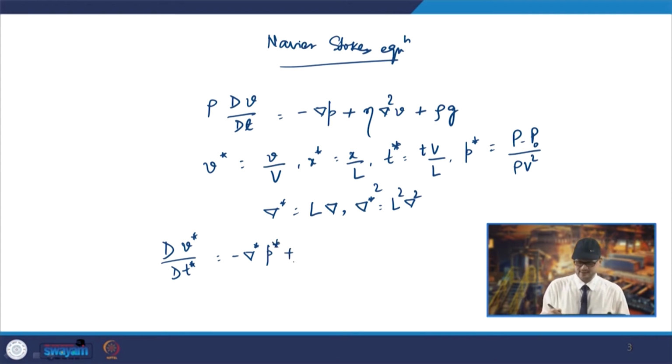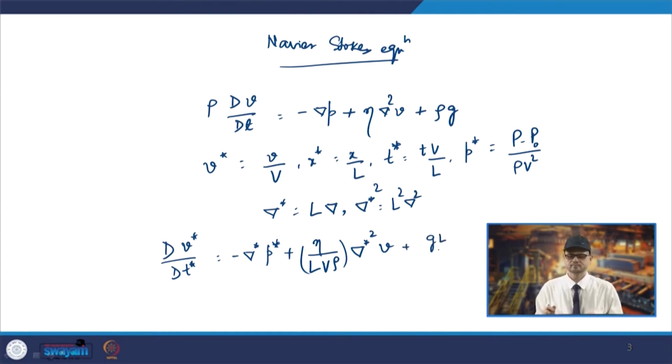Then you are getting a term, that is eta upon L V rho, and then you are getting grad star square and V, and then you have another term as GL upon V square.